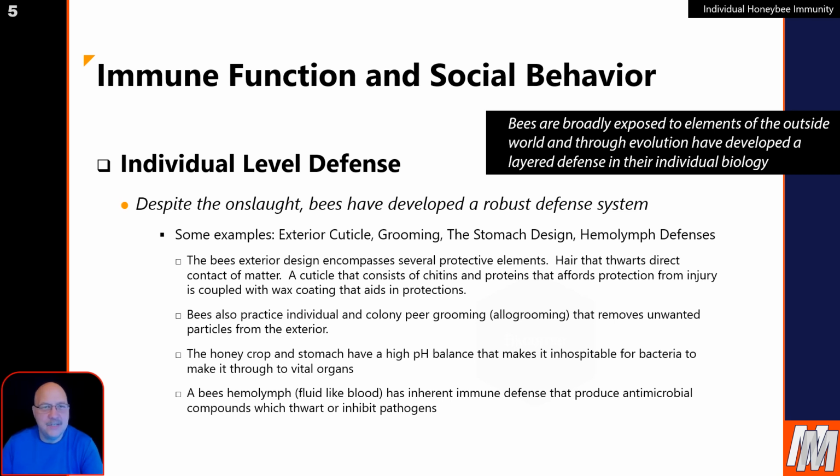Their physical anatomy, the hemolymph, the immune system, the use of propolis, all of these things are used as the immune function and social behaviors development within the colony to provide defense against maladies. And much of what the bees do and how they operate have to do specifically with how they've learned over years to fight whatever it is they face in the outside world.